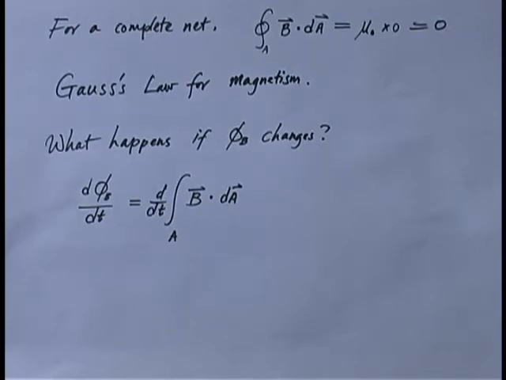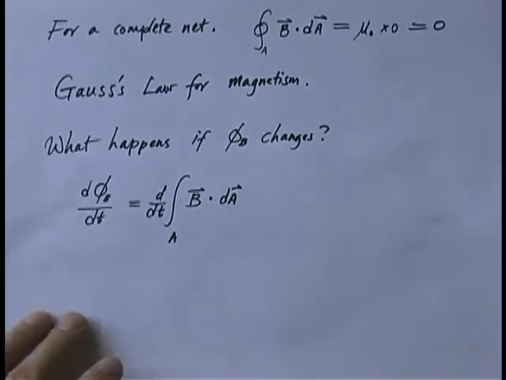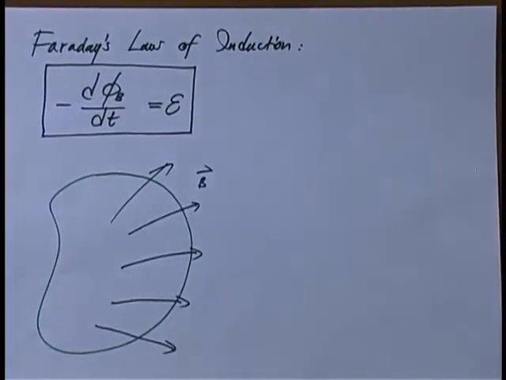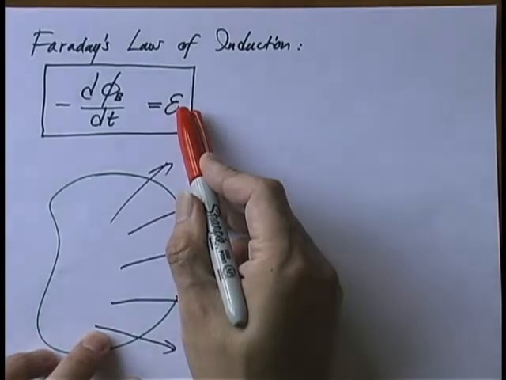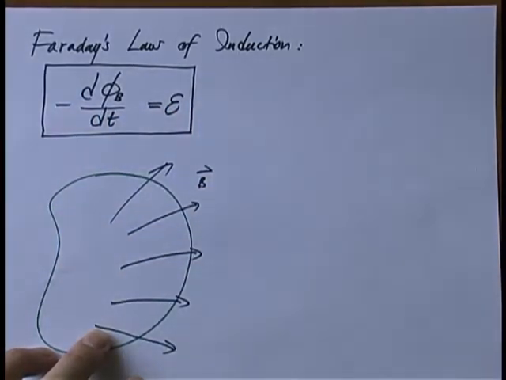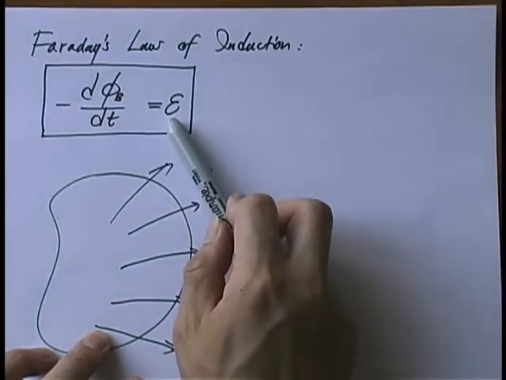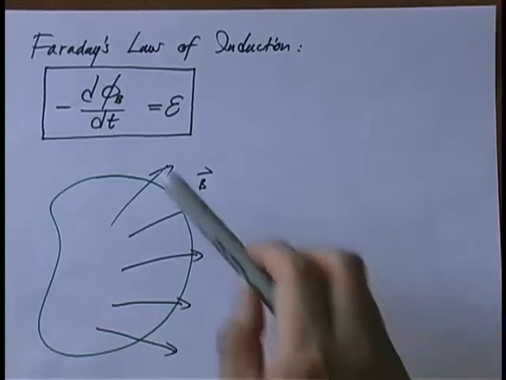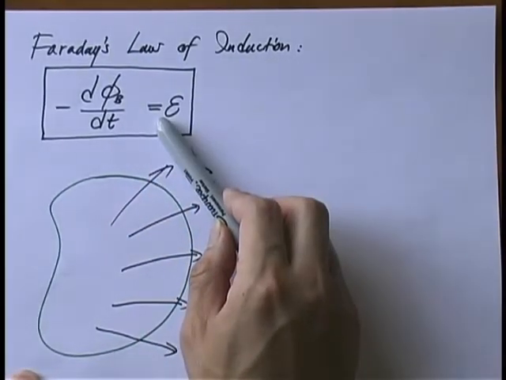And that is what's called an induced EMF, epsilon, with a negative sign here. Now let me explain to you the meaning of this EMF and of this negative sign. First of all, this is the so-called Faraday's law of induction.